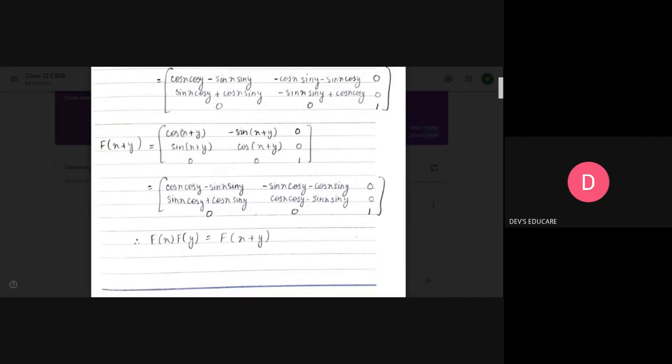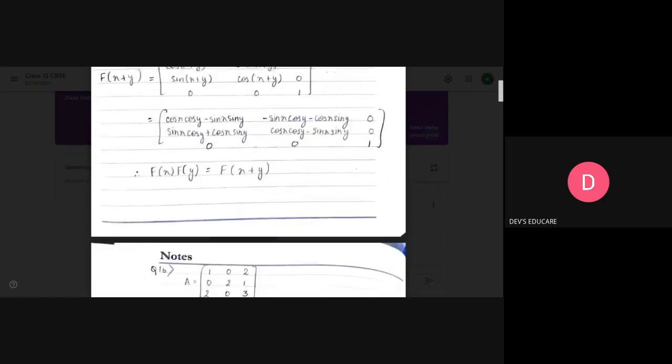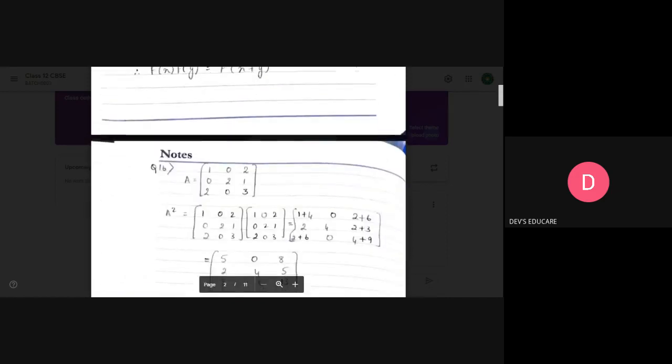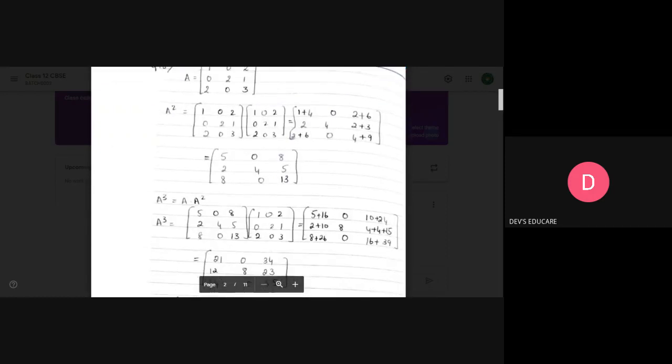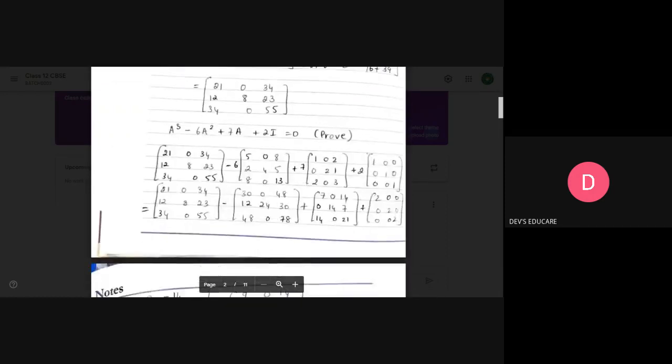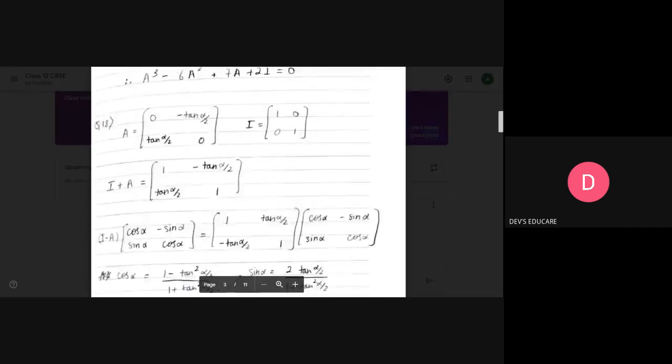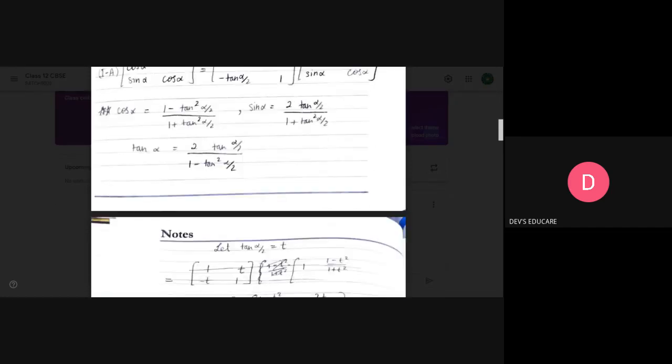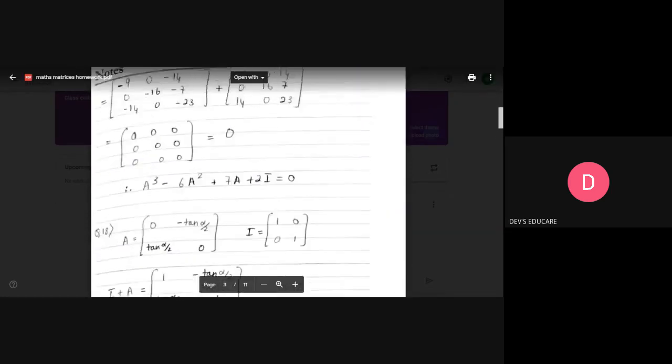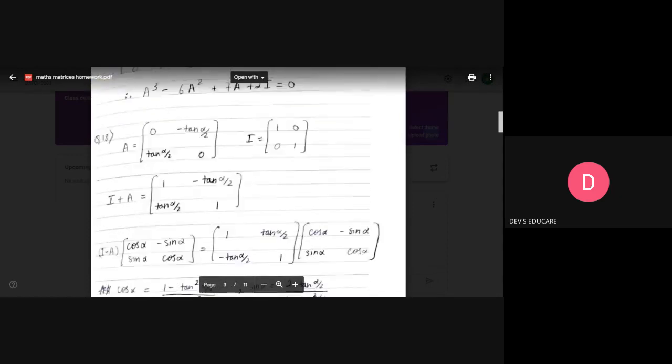That step makes the examiner think that you understand the process and know the identity of sin(A+B) and cos(A+B). So key steps must be written. It was a lengthier one, that's why you took time.